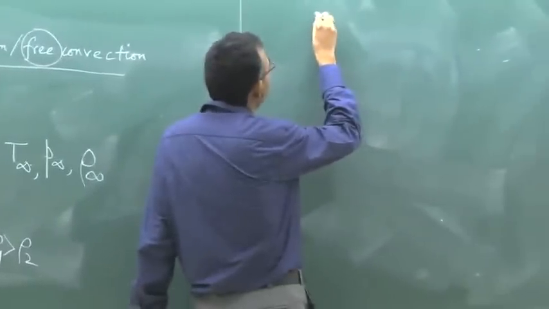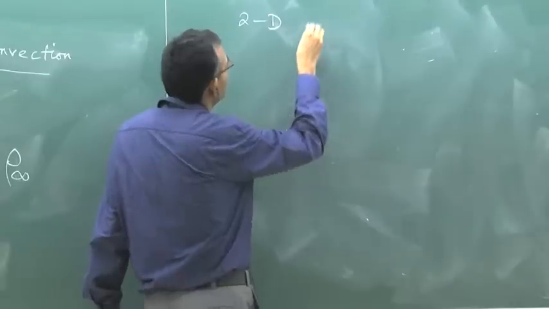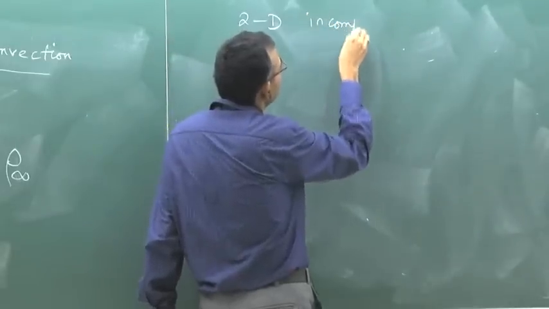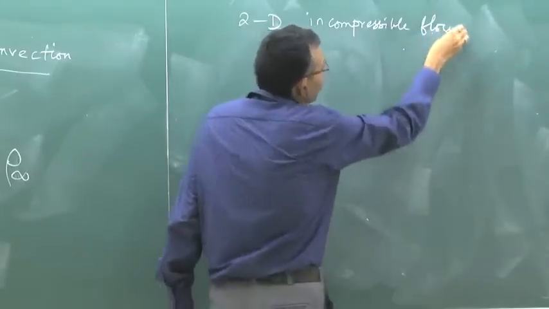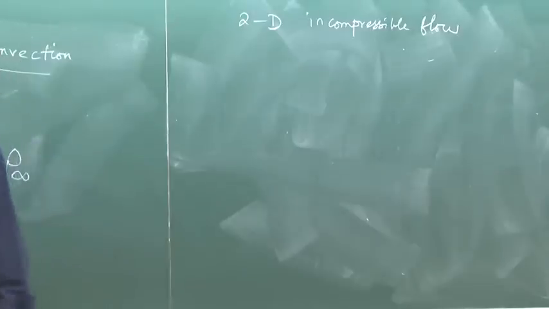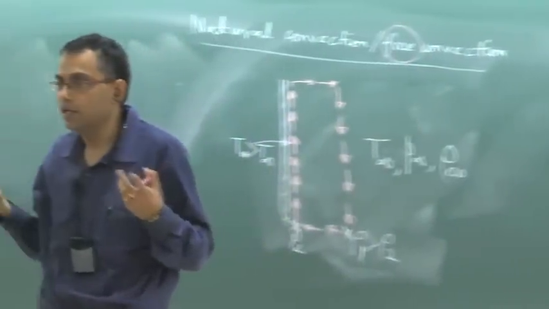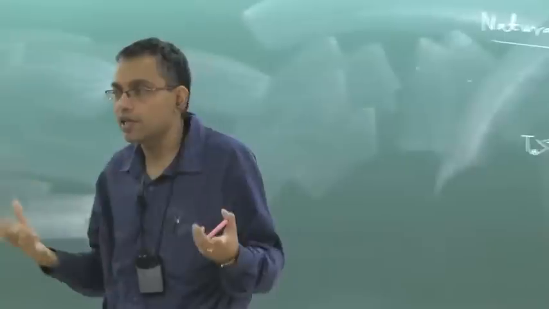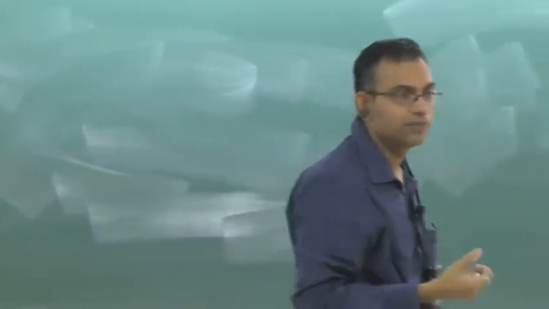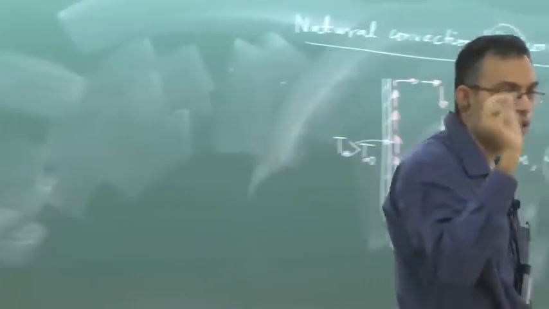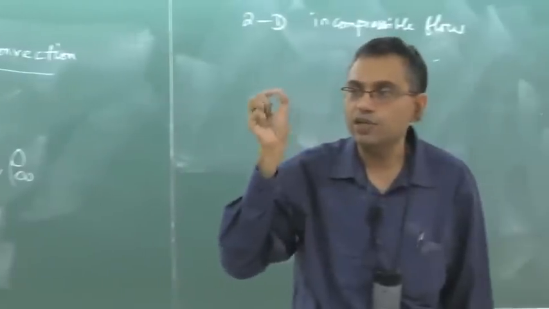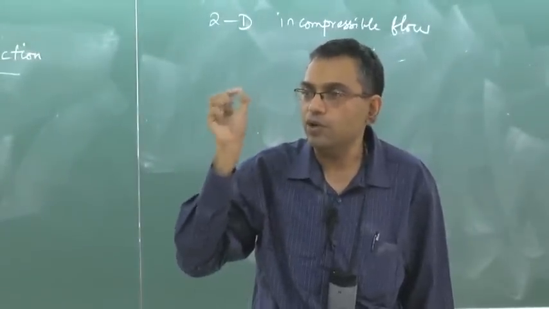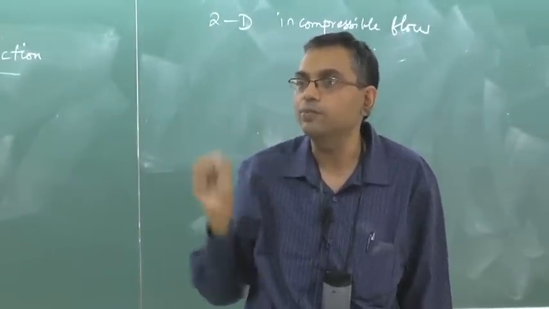Let us say that it is a two-dimensional incompressible flow. So when I am telling that it is incompressible flow, you can pounce on me immediately and say that on one side you are saying density is changing, on another side how can you say that it is an incompressible flow, right. So if you recall that during one of our preliminary discussions on recapitulation of fluid mechanics, I have talked about one example which is called variable density incompressible flow.